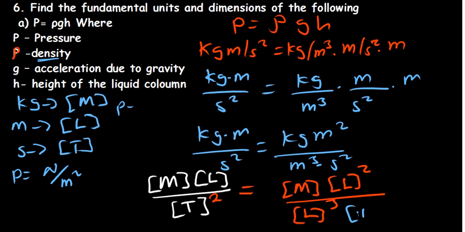So force is in Newton. Now Newton alone is kg meter per second squared, but again we have got another one which is meter squared. Okay, yeah, so we have made a mistake here.